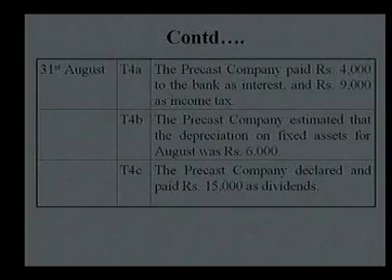Now, some more transactions are given. On 31st August, the precast company paid rupees 4,000 to the bank as interest and rupees 9,000 as income tax. Next transaction on the same day, the precast company estimated that the depreciation on fixed assets for August was rupees 6,000.